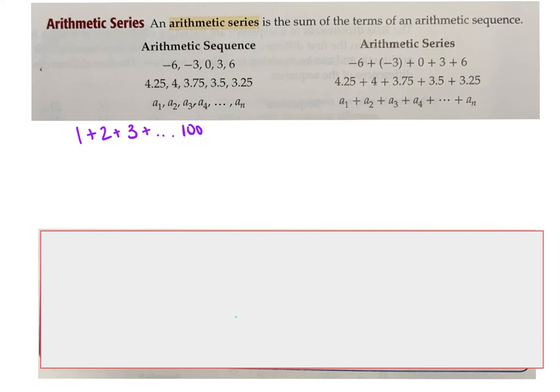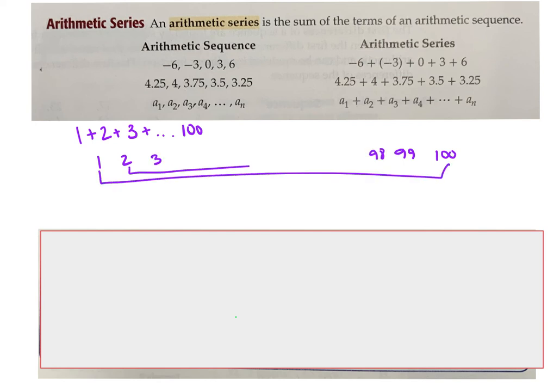Gauss, in a few minutes, had the answer because he recognized a pattern: 1 and 100, 2 and 99, 3 and 98. They all have the same answer. They're 101. And he realized that if he goes from 1 to 100, he's going to have 50 of those. So 50 times 101 is 5,050. And so within a few minutes, he had the right answer.